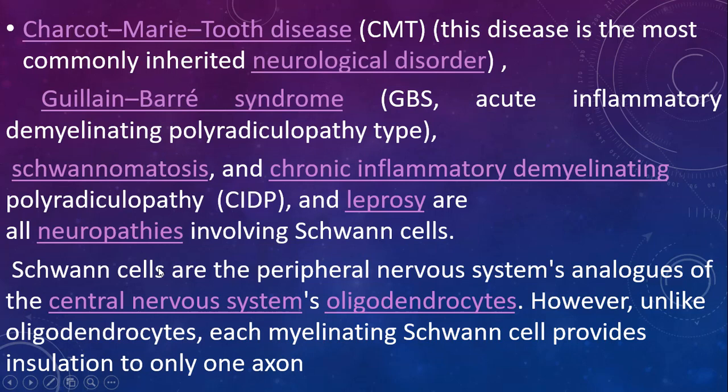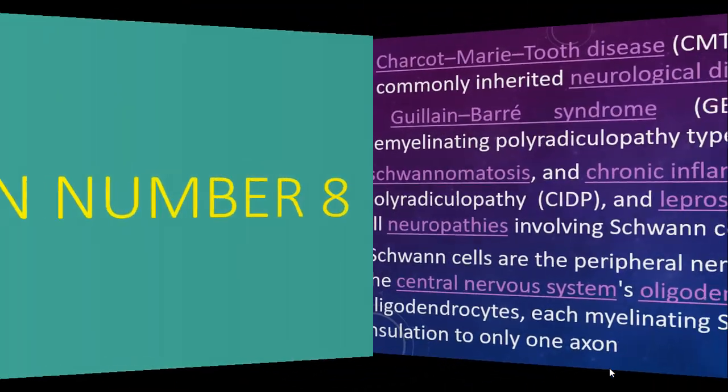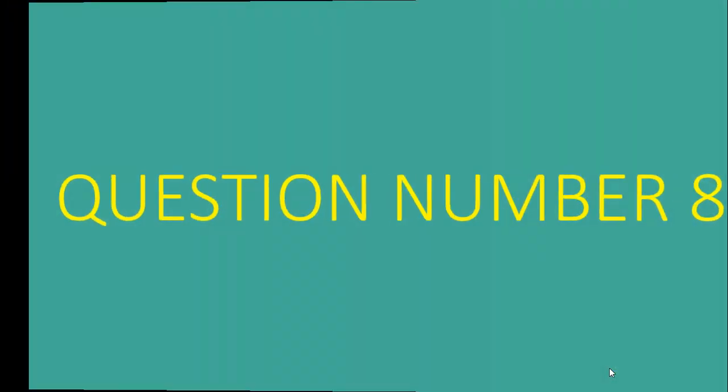Schwann cells are the peripheral nervous system's analogues of the central nervous system's oligodendrocytes. However, unlike oligodendrocytes, each myelinating Schwann cell provides insulation to only one axon. Only one axon.